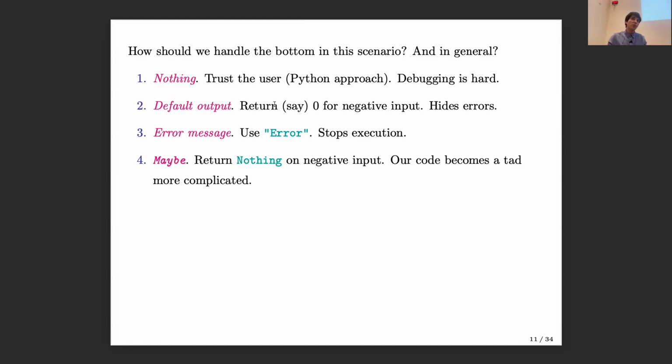The most appropriate way to address these types of failure cases in a functionally pure setting is to do none of the above, but to use the Maybe data type. Remember, we have this Maybe data type. It adds one extra thing to your type, and it's called Nothing. If we have any function that's non-total, we can always make it total by using Maybe, and for all places where you don't have a definition, we say Nothing.